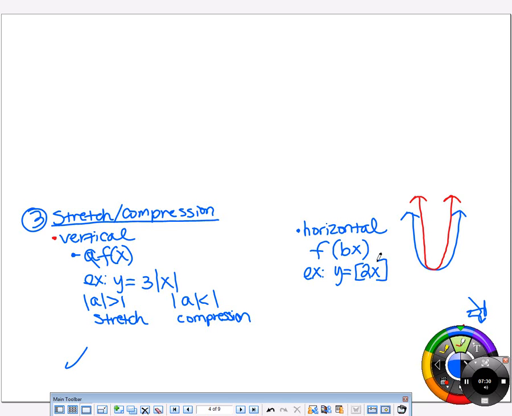So what this means is when the b value is greater than 1, you tend to think, oh, if something's bigger than 1, it's going to stretch it, because we think bigger is stretching. But in the horizontal world, it's kind of the opposite of that. If this number is bigger than 1, it's actually a compression. And if it's smaller than 1, it's actually a stretch.